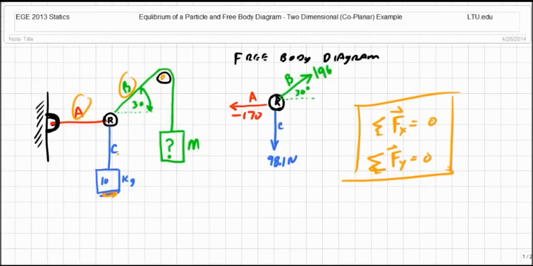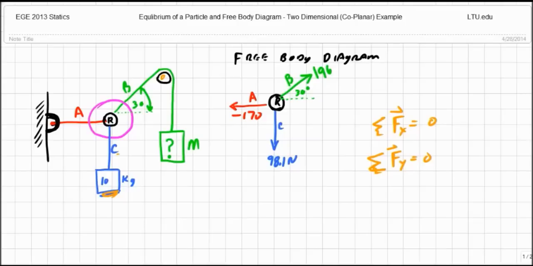Well, not really, because we can take part of our problem here. Let me pick a color. I can take a piece of our system, that ring itself, cut that out virtually, not literally, and draw a free body diagram of all the forces acting on that particular particle, and that's the diagram over here.